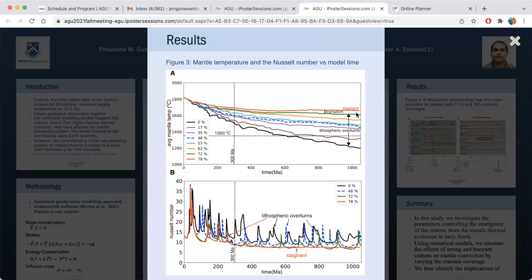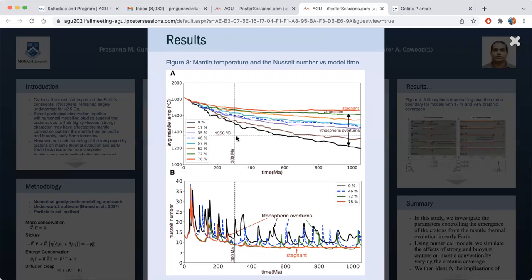So in the fourth slide, we are looking at the mantle thermal evolution and the Nusselt number variation for various cratonic coverages. In figure 3a, it shows the mantle cooling rates. The black curve represents a model that does not have any craton.